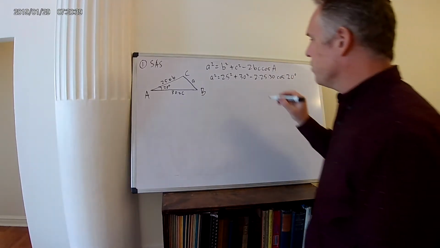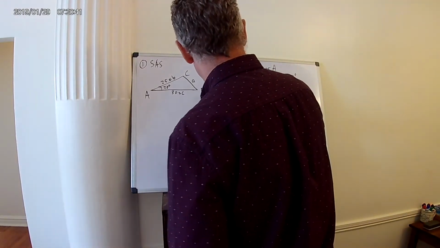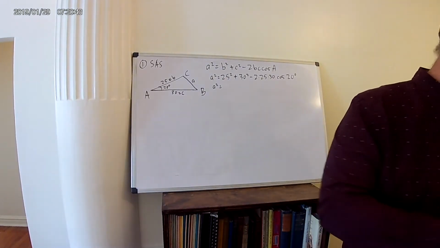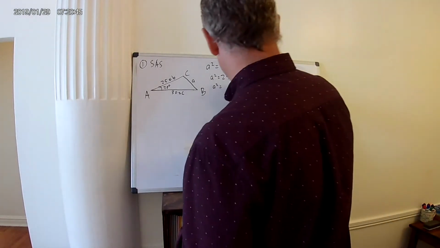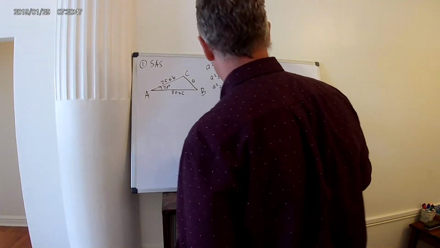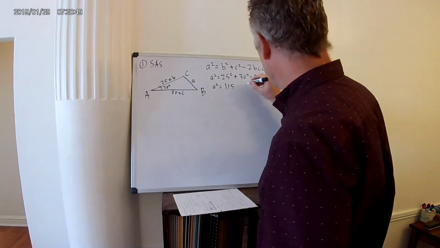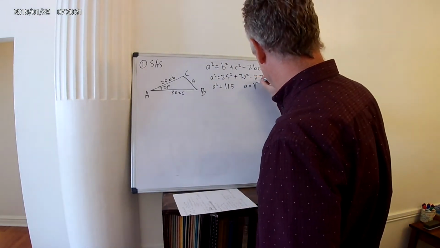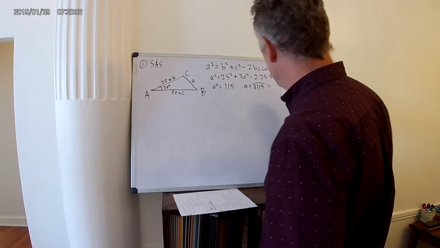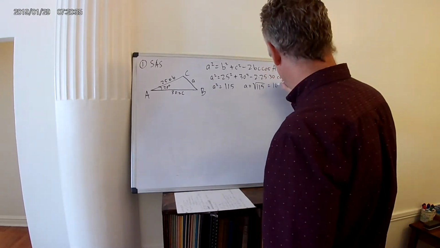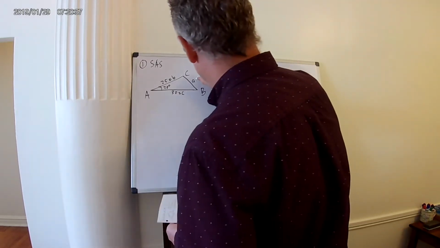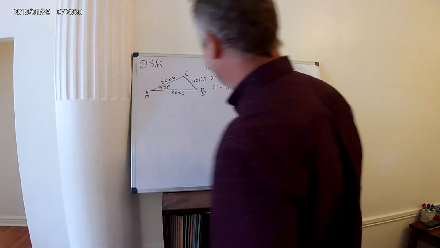Okay, and if you go through the arithmetic on this, a squared comes out to 115. I'll let you check the math of that. And then finally, don't forget to take the square root, so a will equal the square root of 115. And this comes out to 10.7. So in this case, a is 10.7.